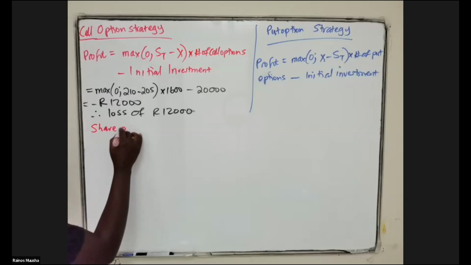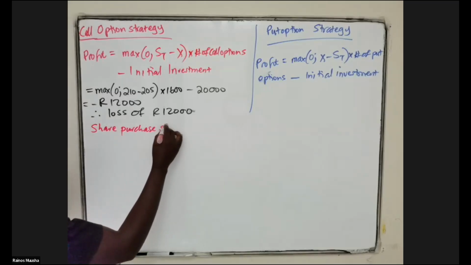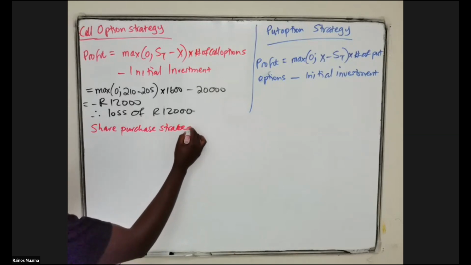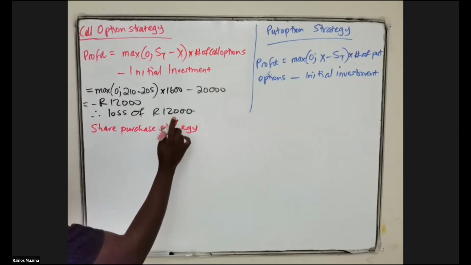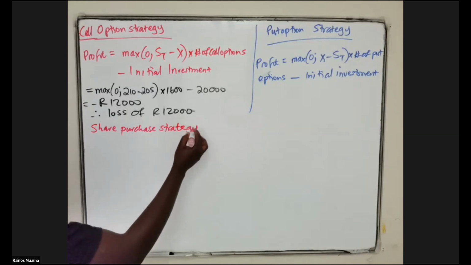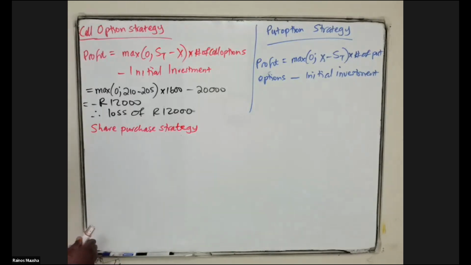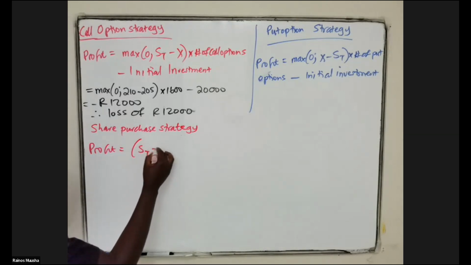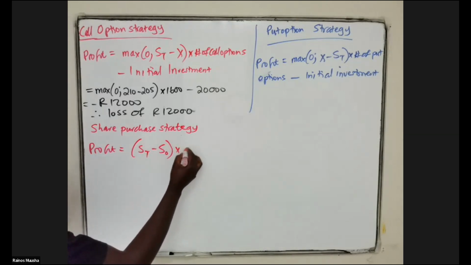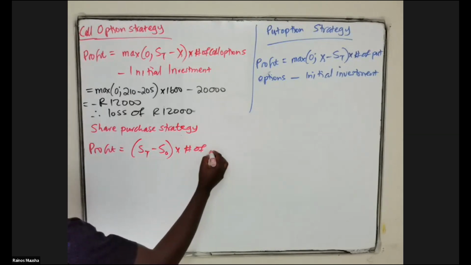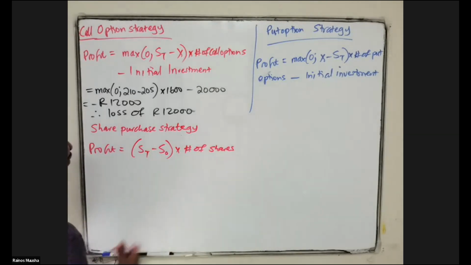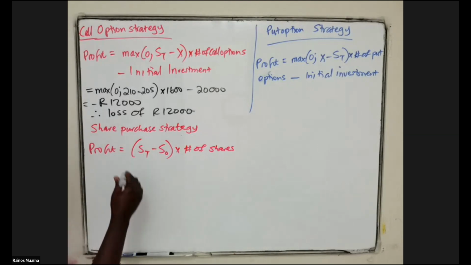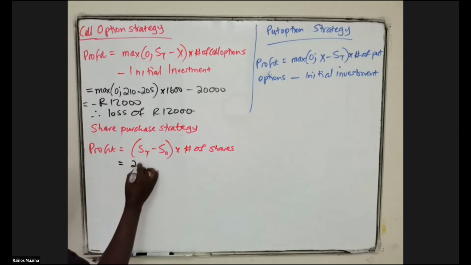With the share purchase strategy, the profit is given as the spot price at the end minus the spot price at the beginning multiplied by the number of shares, which means the spot price at the end is 210.